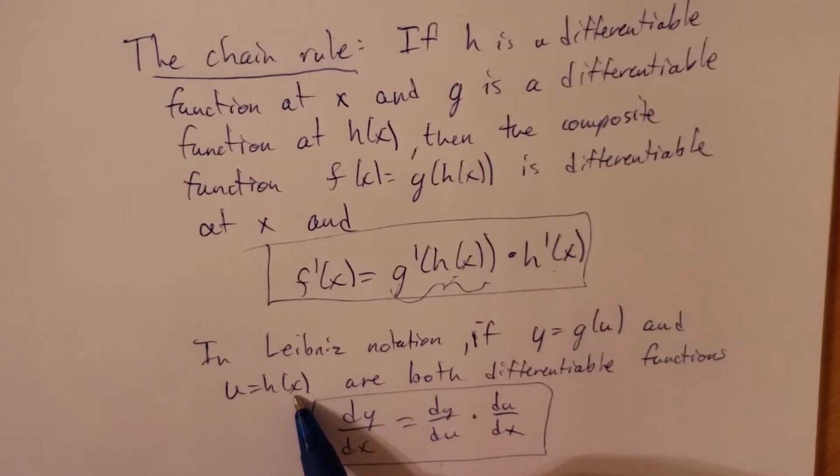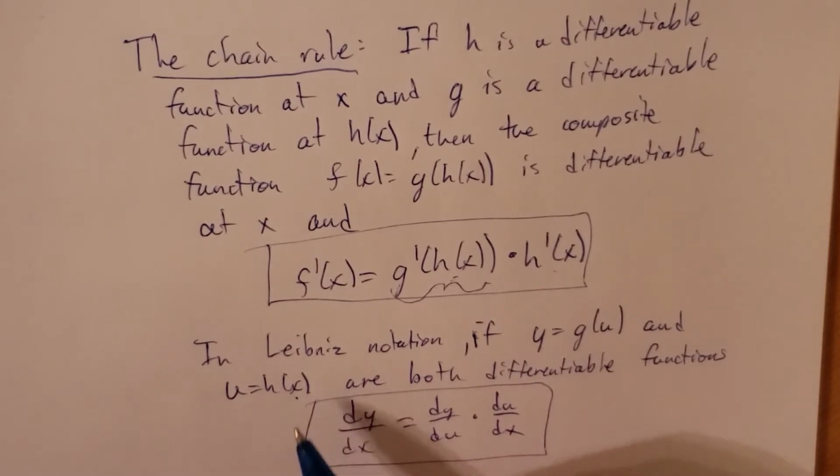And what if y changes 3 times faster than u? Well, if y changes 3 times faster than u, and u changes 2 times faster than x, then how many times faster does y change than x? Well, that should be 6, right? We should just multiply those things. And that's exactly what the chain rule here says. So really, this is also intuitive.